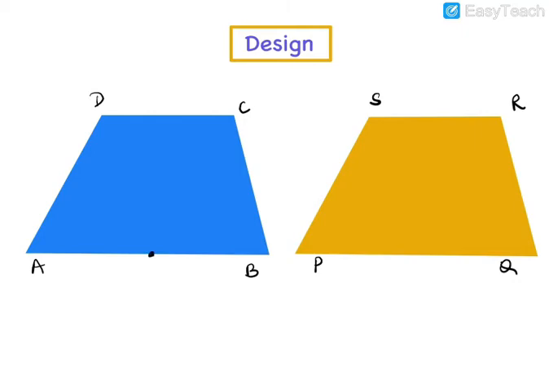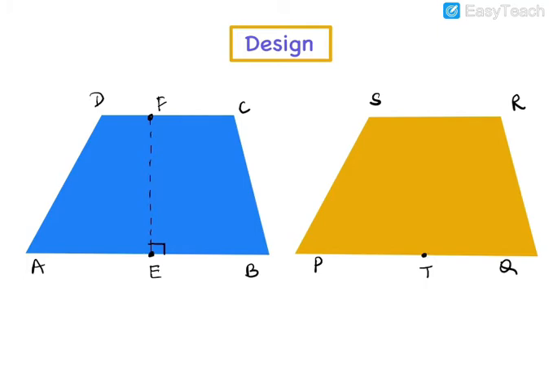Now mark the midpoint of AB as E and the midpoint of PQ as T. Using your protractor, draw a line EF such that EF is perpendicular to AB. Repeat the same steps on the other trapezium.